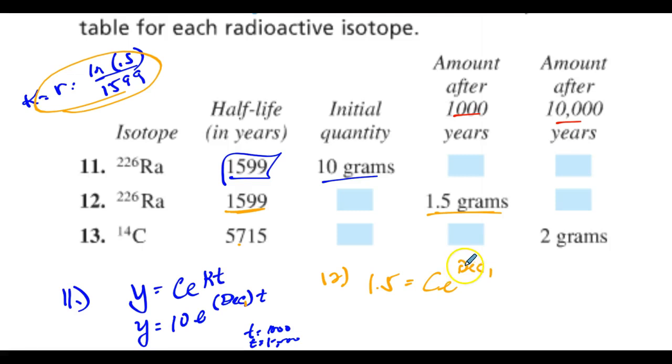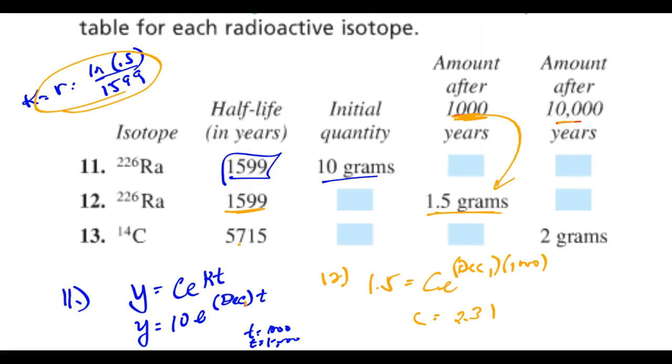So 1.5 is Ce^(decimal 1 times 1,000), because it takes 1,000 years for it to get there. So they gave me 1,000 for the amount of time. And this time you're going to solve for C, and it will turn out to be close to 2.31. Then you plug everything back in and solve, letting time be 10,000 years.